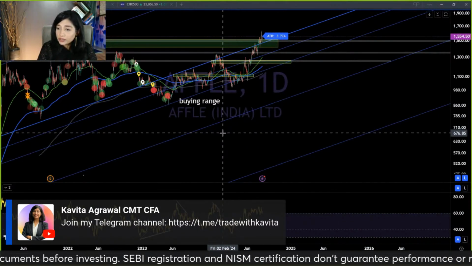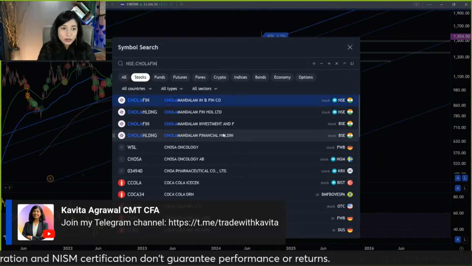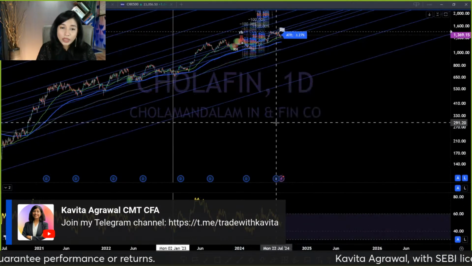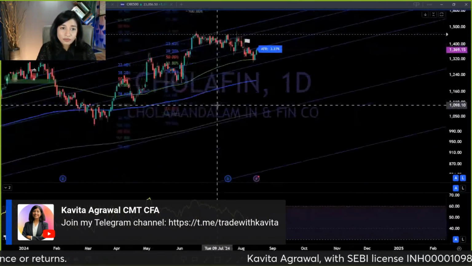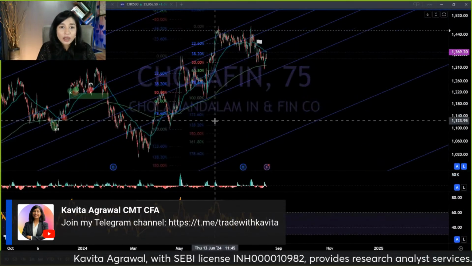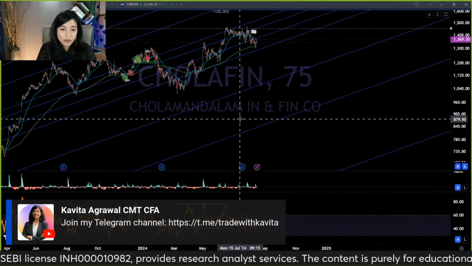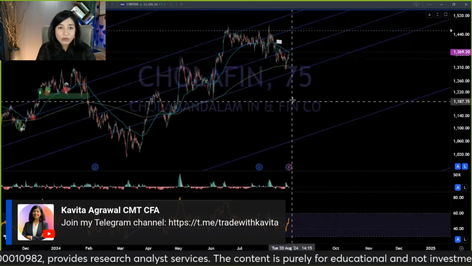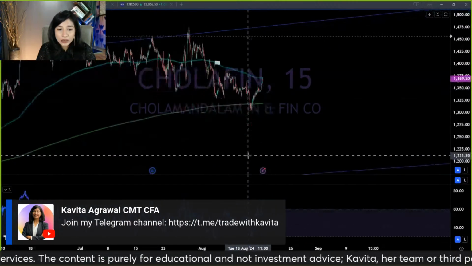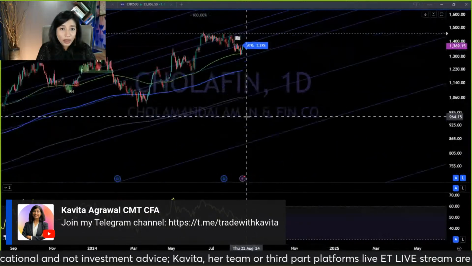Okay, let's take a look at Chola Mandalam. Another good stock, but like I said, I'm not very strongly in favor of financial sectors for short-term trading right now, and I don't see a very clear-cut signal as to why I would want to purchase this stock right away.